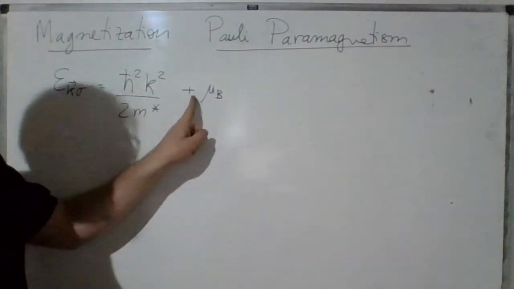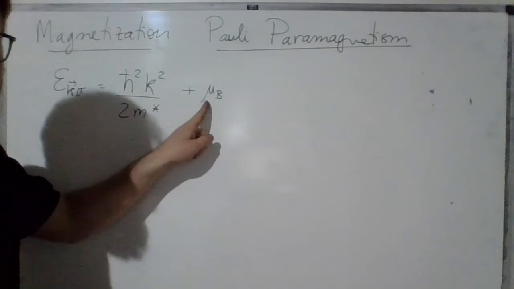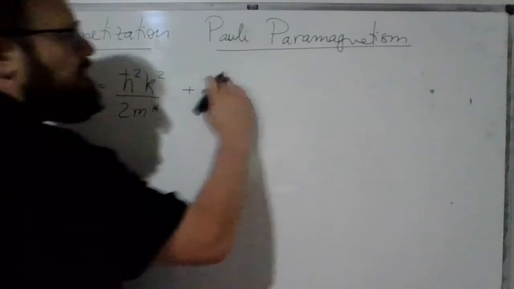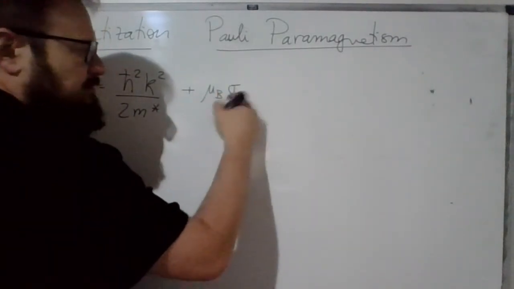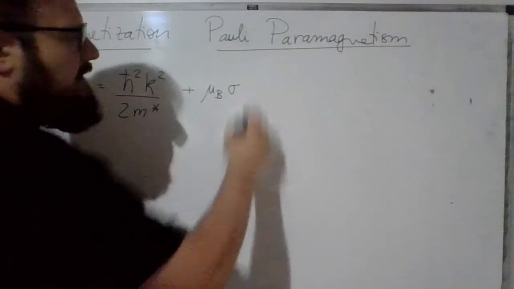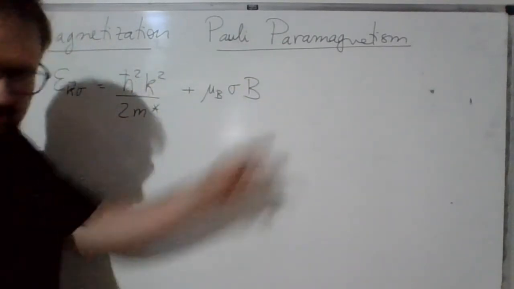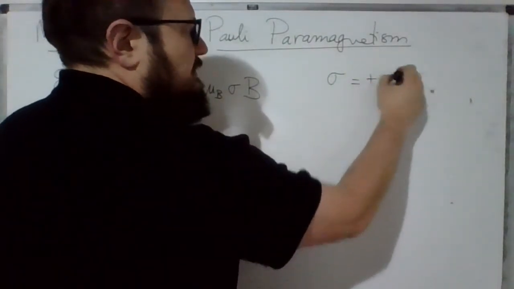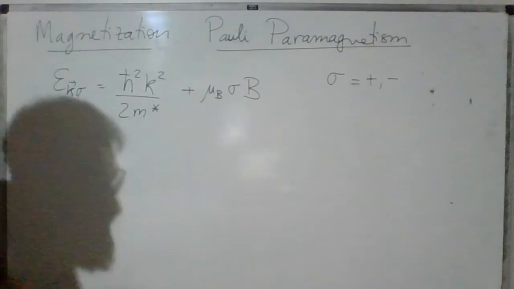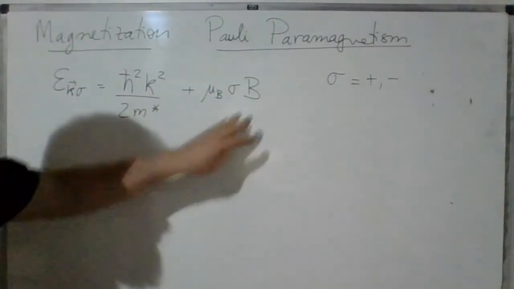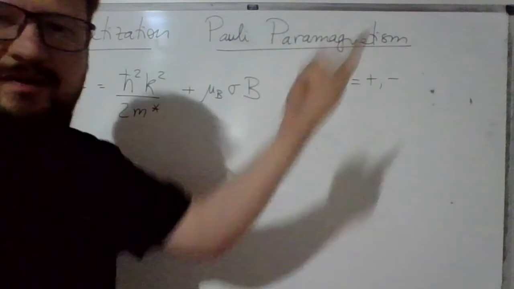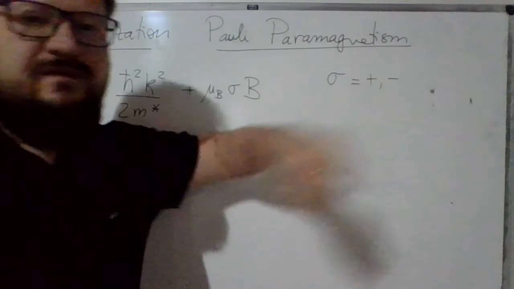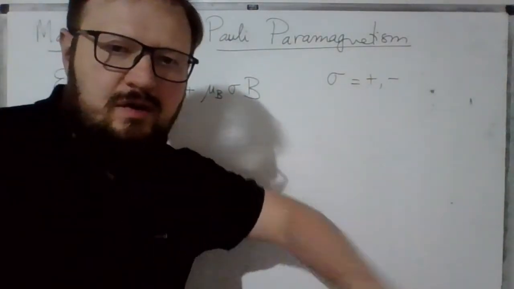Here it is a plus if the charge is negative, as is the case for electrons, but it is a minus for holes, for instance, times the spin projection over the z direction times the magnetic field applied in the z direction. This sigma here can take only two possible values, plus and minus, corresponding to up spin and down spin with respect to the direction of the magnetic field. As you can see, the minus is favored because it introduces a lower energy state.